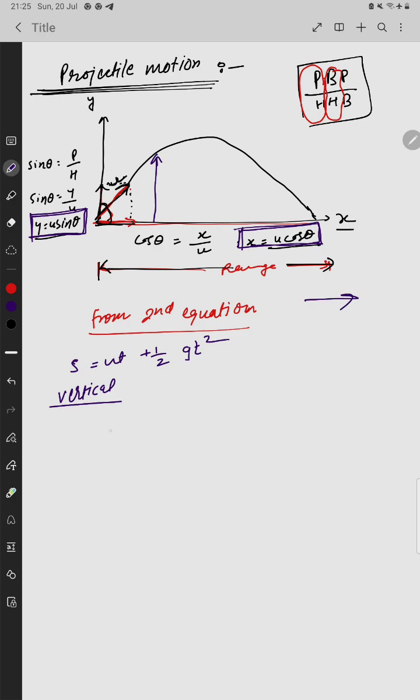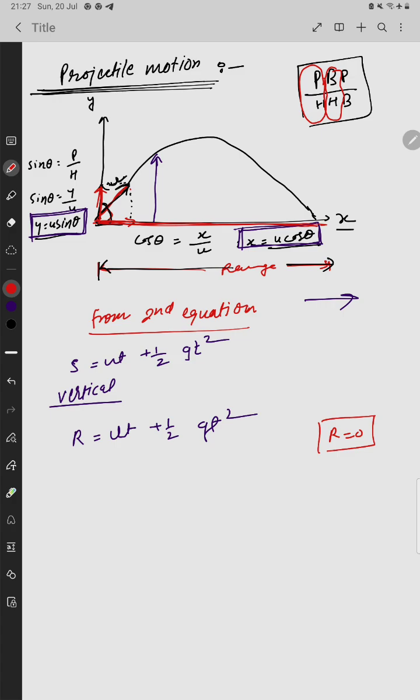So in the vertical case, S is changed to R, and R is equal to ut plus half gt square. In the vertical direction, student, there is no displacement. So R is going to be 0. Vertically it is not moving, the particle is moving this way.